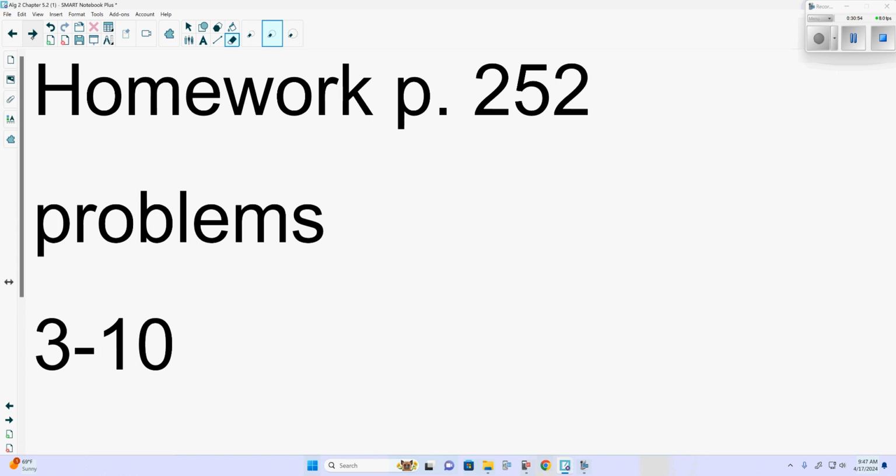Now luckily we are doing 3 through 10. Yep. So 3 through 10. So 25 to the negative 1/2.